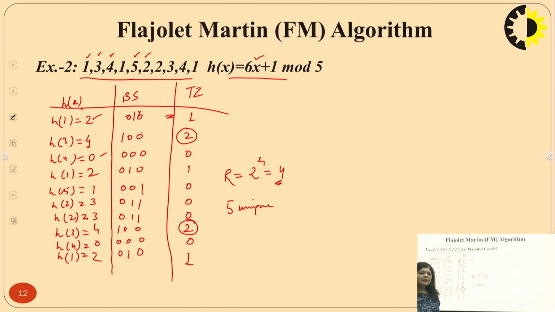There are certain things that we need to keep in mind when we are using the FM algorithm. First of all, the selection of the hash function is one of the key elements of applying the algorithm. So when you are trying to apply your algorithm, the selection of an appropriate hash function is the key that you need to remember.